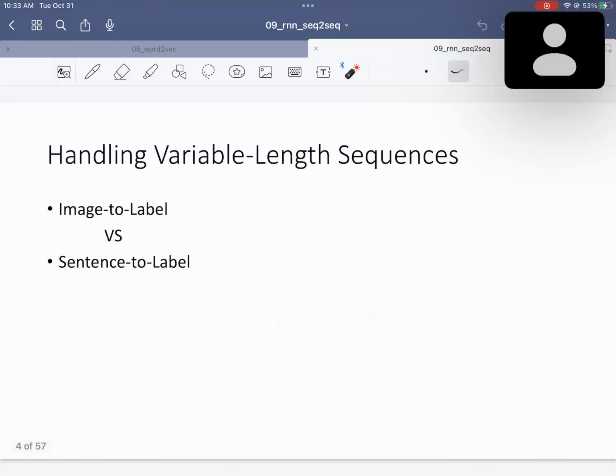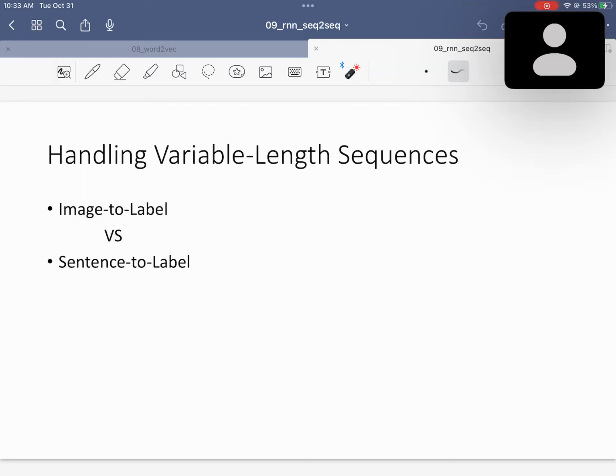So recurrent neural network. Handling variable length sequences is basically the strength of RNN. If you think about image classification, it is image to label, right?